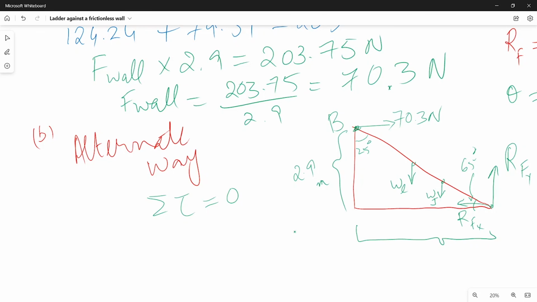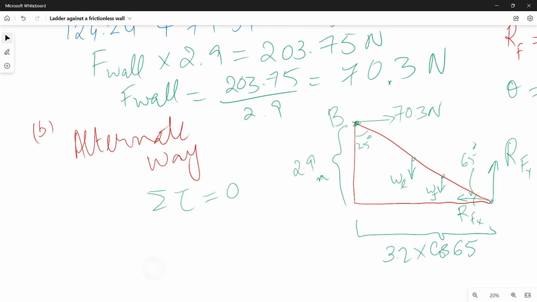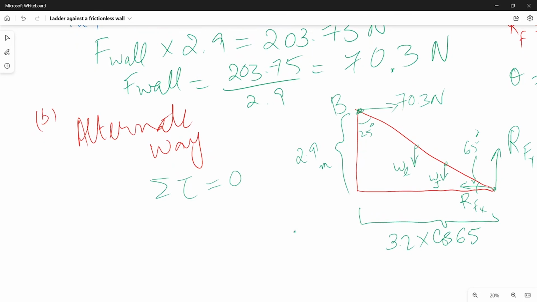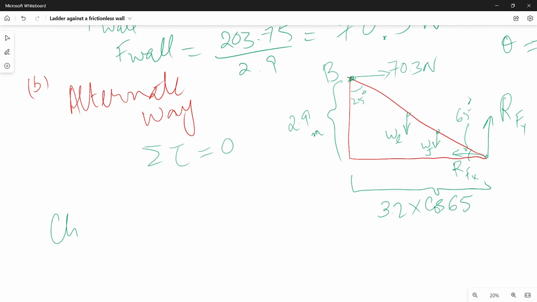So the distance from the wall would be 3.2, which is the length of the ladder, times cos 65. I just write it here. You can calculate that. Okay, so let's have the clockwise rotation first. I would put it here and say what our clockwise moment is.